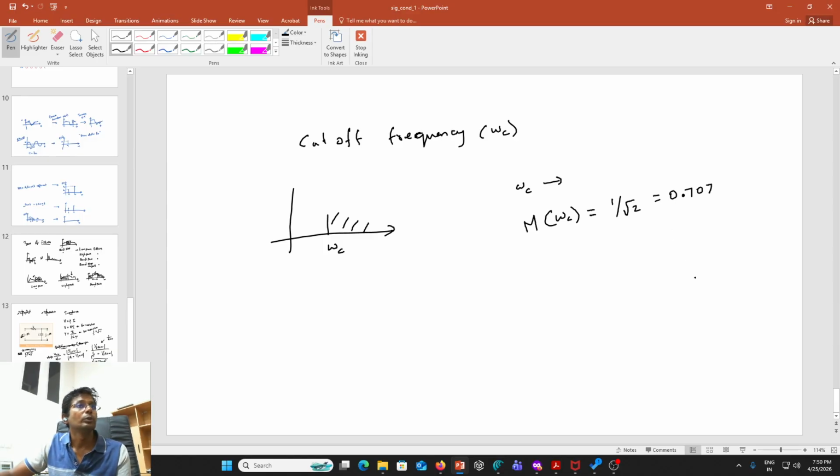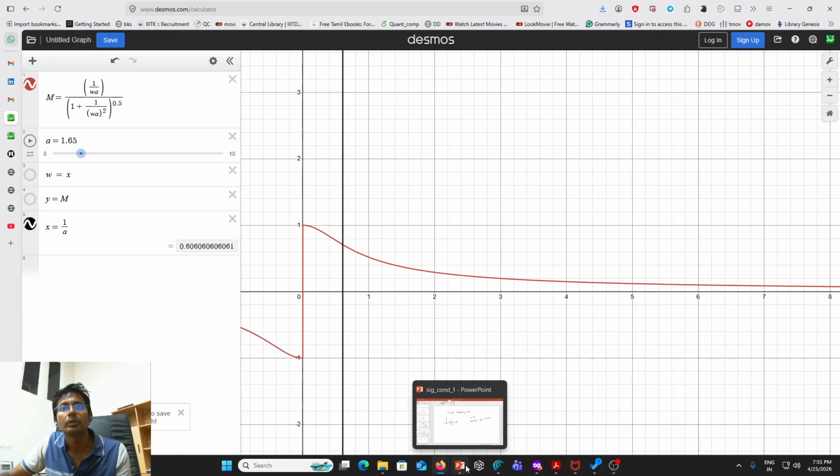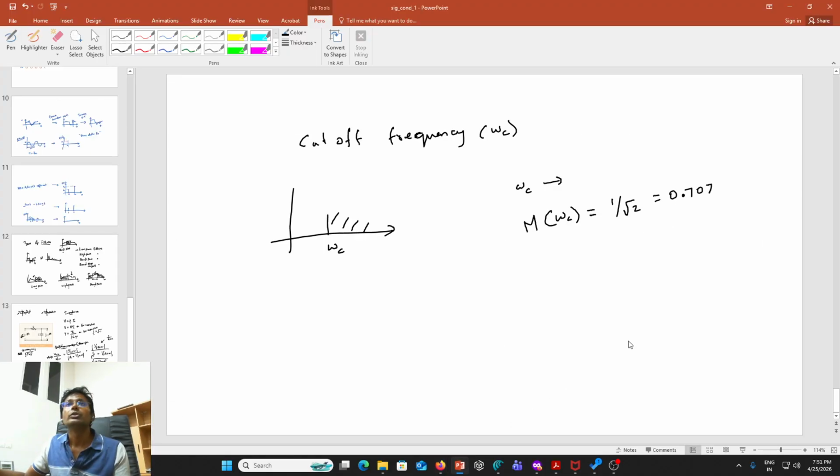Now let me show that. Here this black line actually represents, wait a second. So how to calculate this omega c?